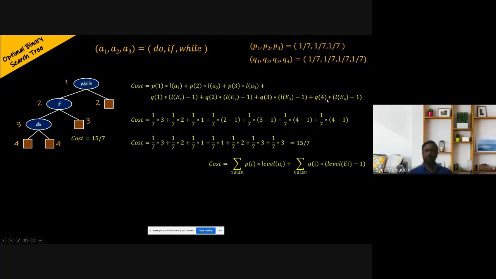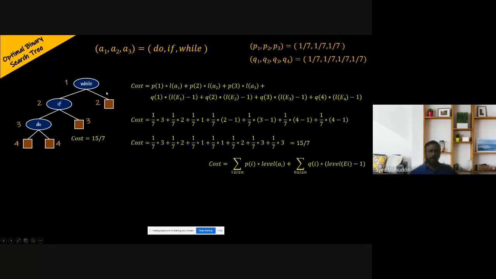We have 4 external nodes. Now P1, P2, P3, Q1, Q2, Q3, Q4, all have the same probability, which is 1 by 7.